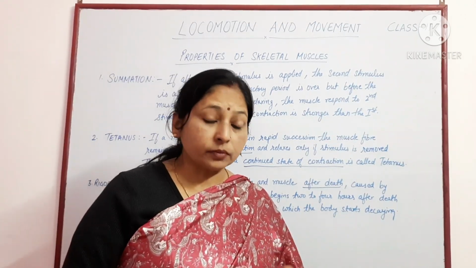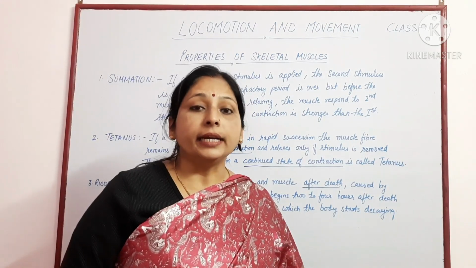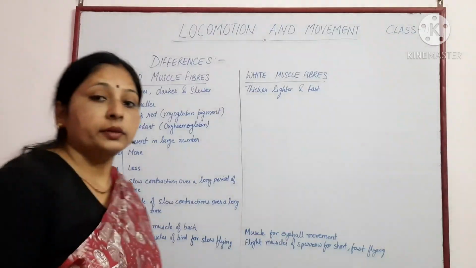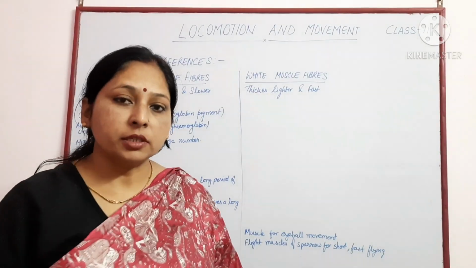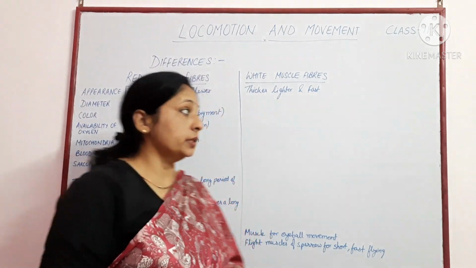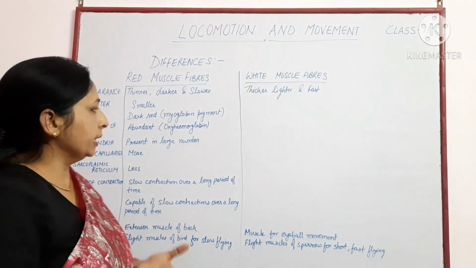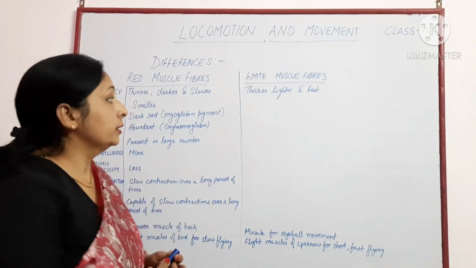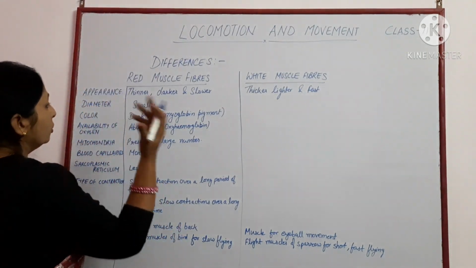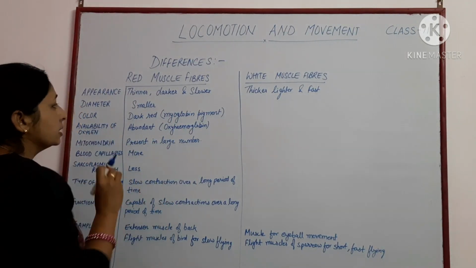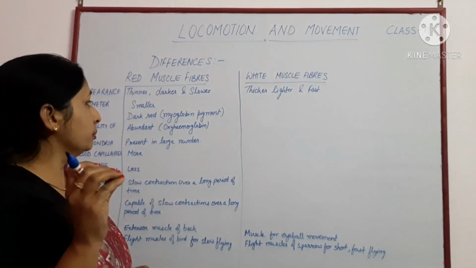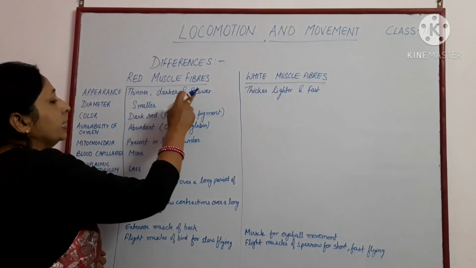Next is the difference between red and white muscle fibers. With the difference, first is the appearance, or how they are known. Red muscle fibers are thinner, darker and slower.